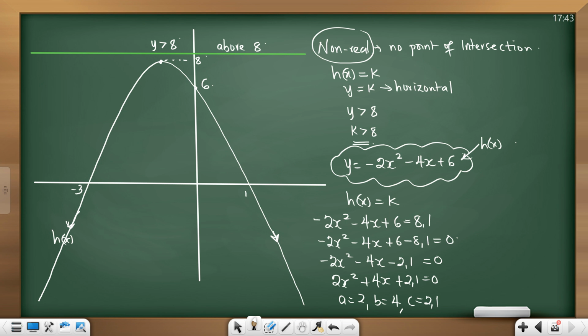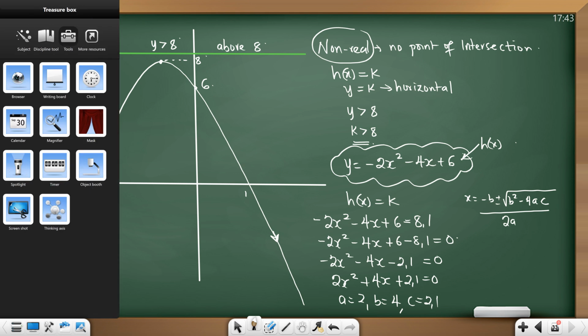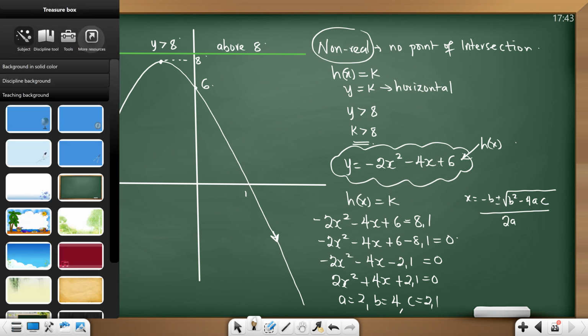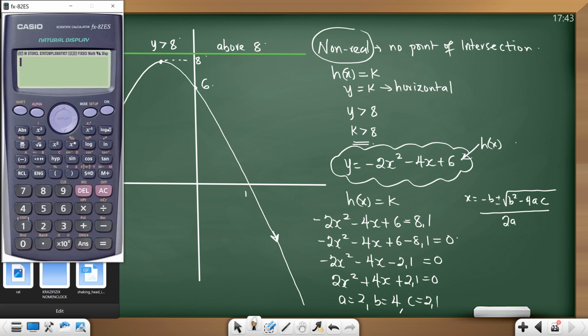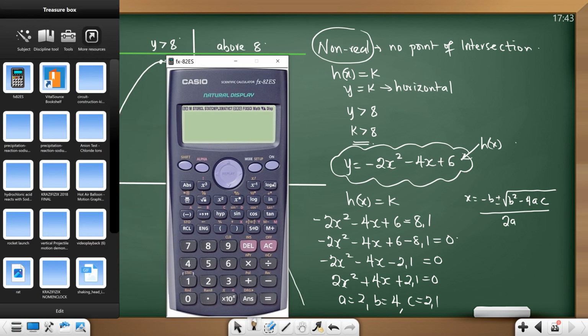Lovely. Let's try our equation. I'm sure you remember: x equals minus b plus or minus the square root of b squared minus 4ac, over 2a. I'll do it for you so that we work very fast. Please, everybody, focus on my calculator now and watch my errors if I make a mistake.